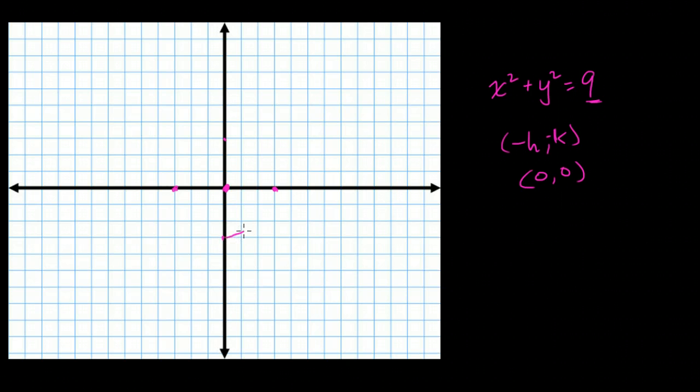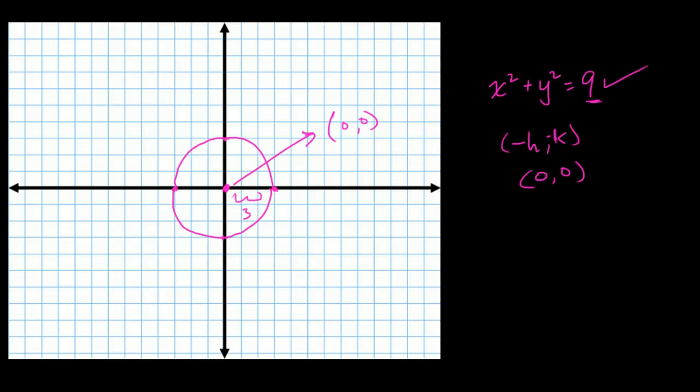And basically I have a nice continuous arc that will be my circle. A little lopsided, but you get the point. So here, my center point is at 0, 0. My radius is 3, and so this is the circle that is the graph of this equation here.